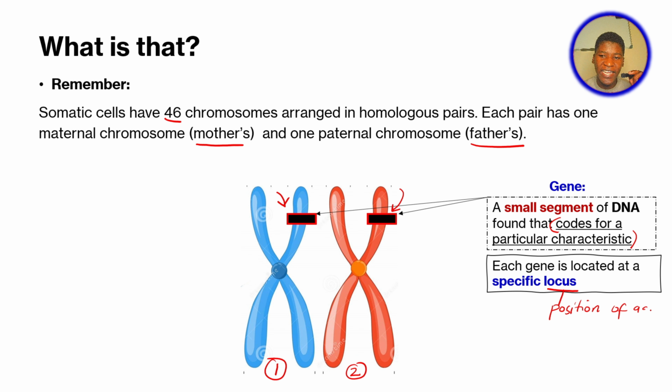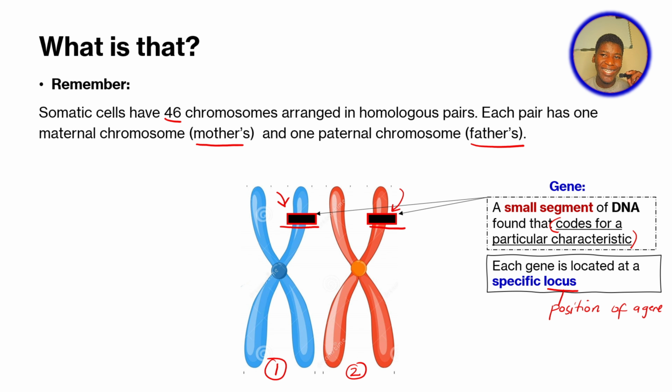Where do we find a gene located? In this case, you can see it is located at this place, and this one is located at this place. The position of a gene on a chromosome is known as the locus. So the locus is just where you find the gene on a chromosome.